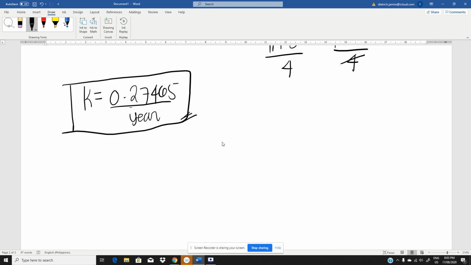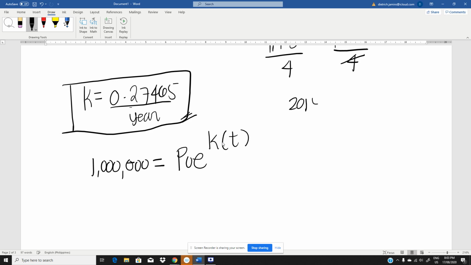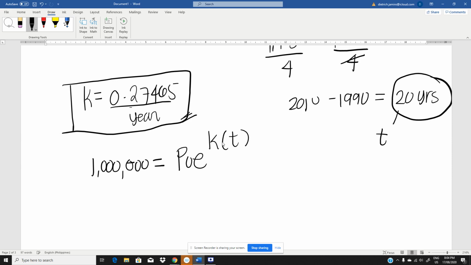So we will have 1 million is equal to P sub O exponential of K multiplied by T. 2010 minus 1990 is equivalent to 20 years, so this is going to be our T. And then our K is 0.27465, substituting this.